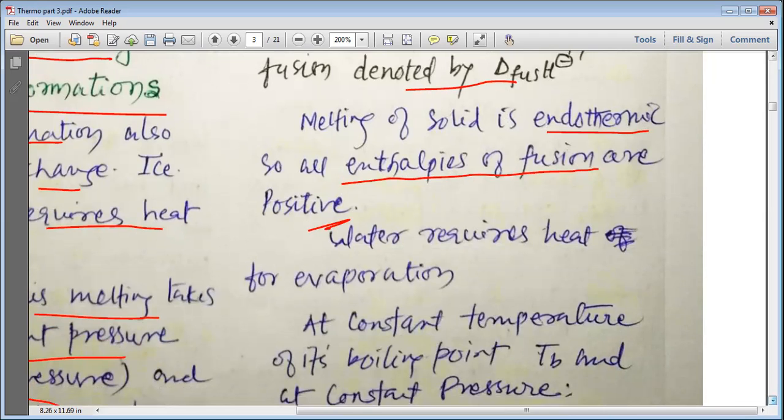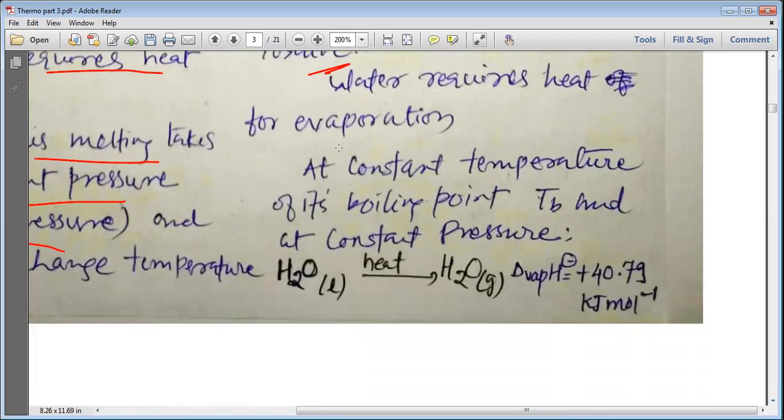Water requires heat for evaporation. So you can see that this H2O liquid, when we heat it, turns into water gas, that is your vapor or steam, at constant temperature of its boiling point, TB, and at constant pressure. So if the boiling point of water is TB, then at TB temperature, water turns into steam. This process is known as vaporization.